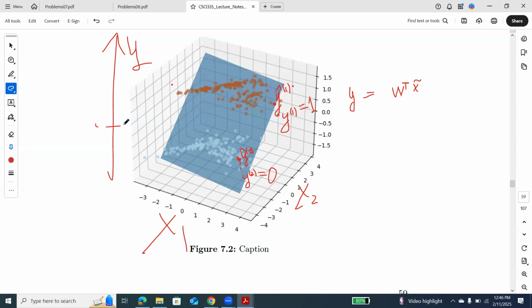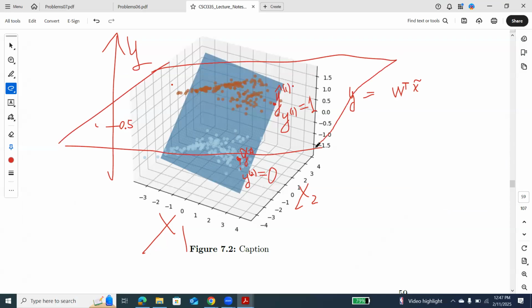If I draw the plane that goes through this 0.5, the intersection of two planes will result in a line. And all the points that lie on my plane above this line, I should classify as 1, and all the points below I can classify as 0.